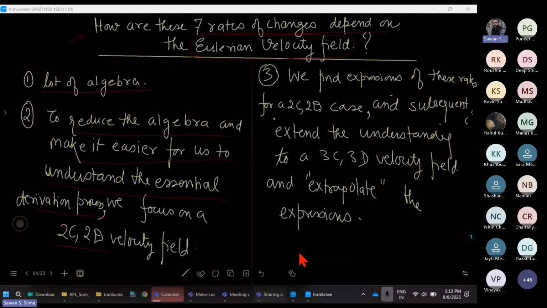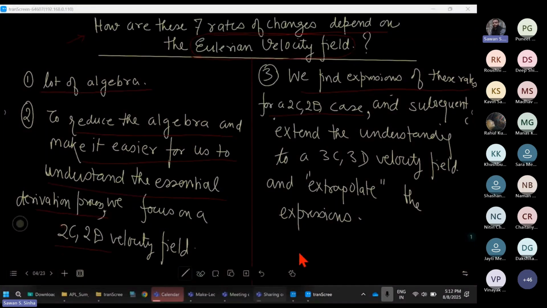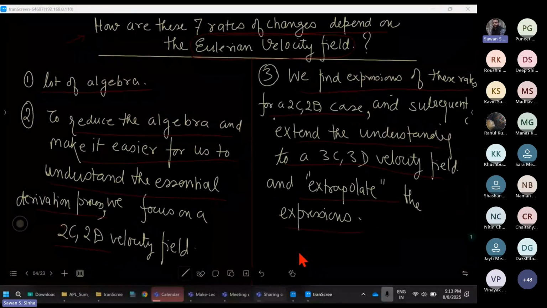We find expressions of these rates of changes, rates of deformation of 7 things for a 2C, 2D case, and then subsequently we extend the understanding to a 3C, 3D velocity field. And we will actually extrapolate the expressions from 2C, 2D, and we will write the expressions for the 3C, 3D field directly.